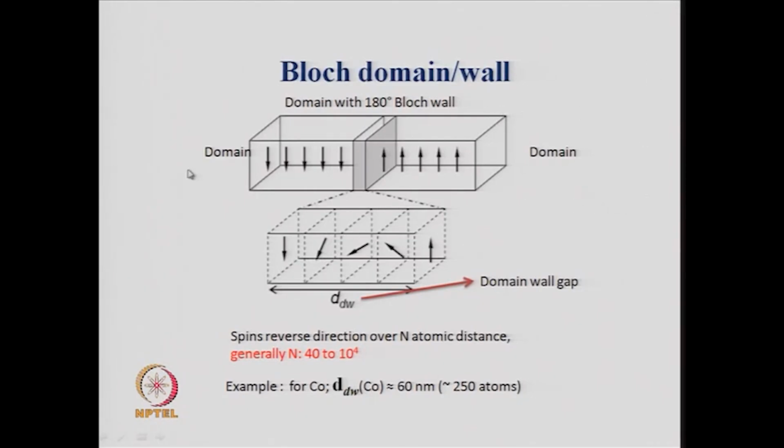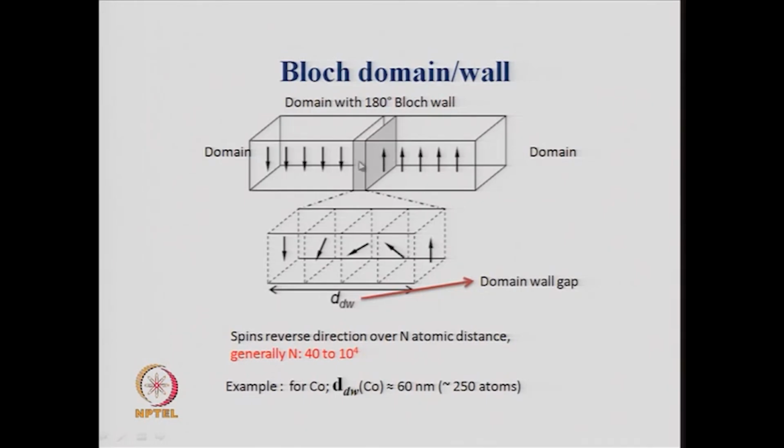Now, you can have orientation of different type of vectors in this domain wall. So, within this domain wall you will have this change in the direction of the magnetic vector in this fashion, because on one end of the domain wall you have the magnetic vector pointing downwards, on the other side of the domain wall the magnetic vector is pointing upwards.